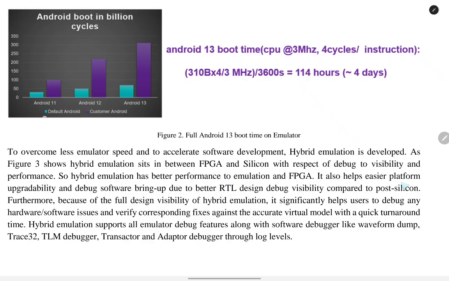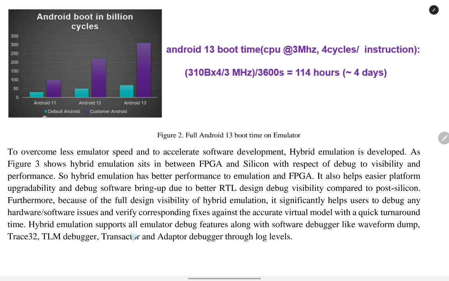It also helps with easier platform scalability and debugging of software bring-up due to the better RTL design debug visibility compared to post-silicon. Furthermore, because of the full design visibility of hybrid emulation, it significantly helps the user to debug any hardware and software issues and verify the corresponding fixes against the accurate virtual model with a quick turnaround time.